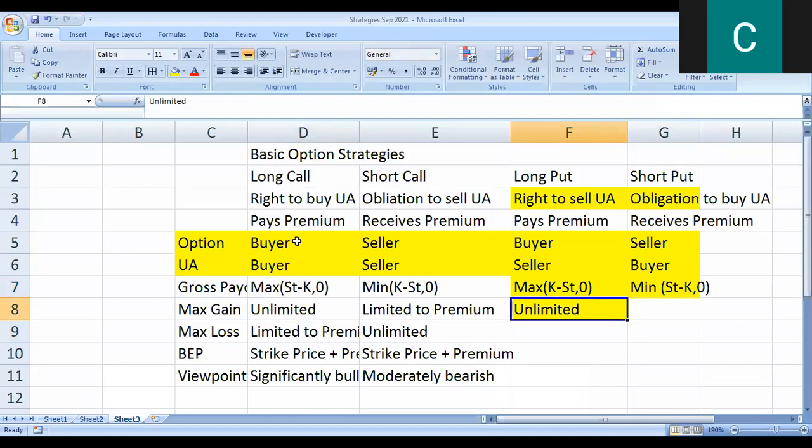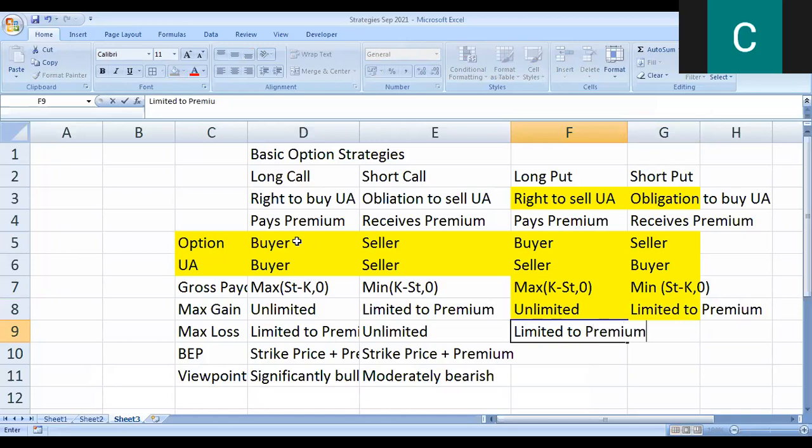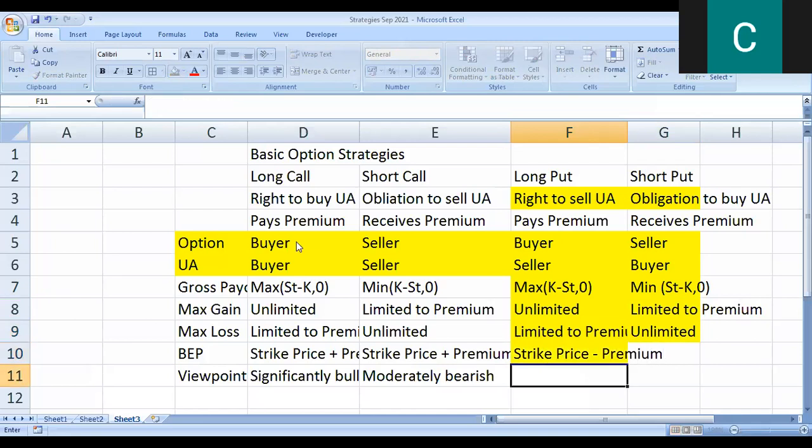But for the short position, it is limited to the premium. Maximum loss for the long put position is limited to the premium, and for the short put it is unlimited. Break even point for the put option is strike price minus premium in both cases.